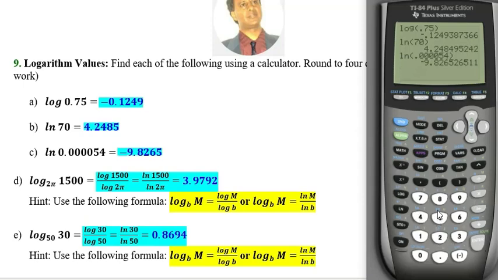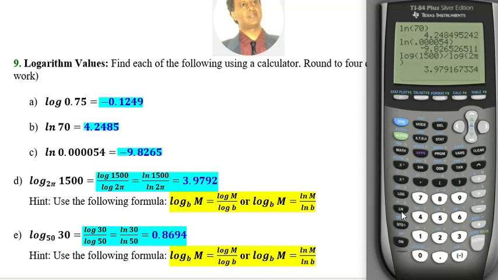Then log of 1500 divided by log of 2 pi, and that is equal to 3.9792.